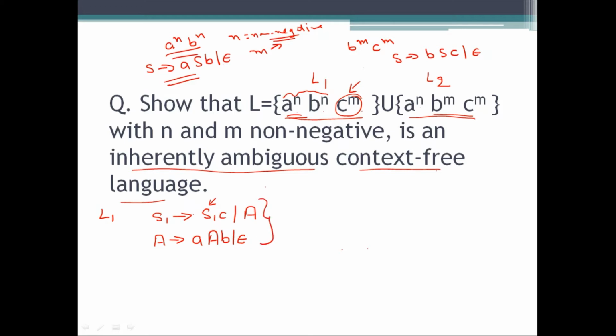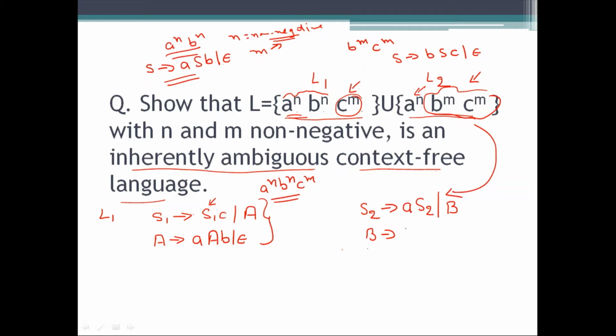This is for a^n b^n and c^m. For L2, the same thing, but here we take the start symbol as S2, and A is preceding b^m c^m. So S2 is rewritten as AS2 or a second variable B, and B is for this part b^m c^m. So B is rewritten as bBc or epsilon.